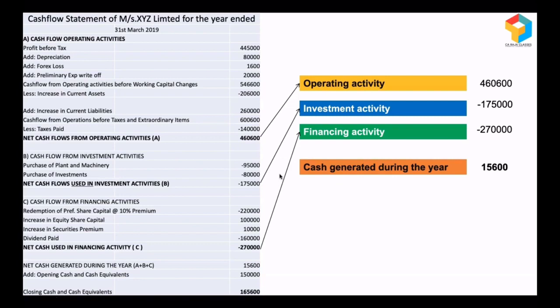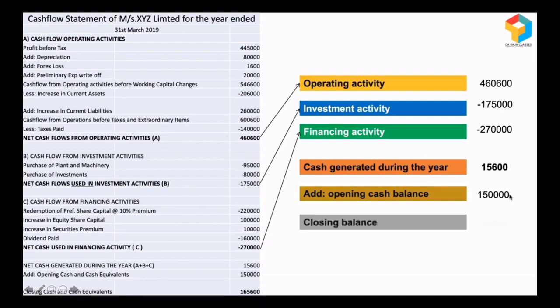And here we need not worry, because look at their opening cash and cash equivalent position. They already had 1,50,000. So this 1,50,000 plus what they've made during the year, if you add, at the end of the year their position is really comfortable. It's actually better than the previous year. Previous year it was 1,50,000, and at the end of the current year it is 1,65,600. So when I look at the cash flow statement, things are looking too good.